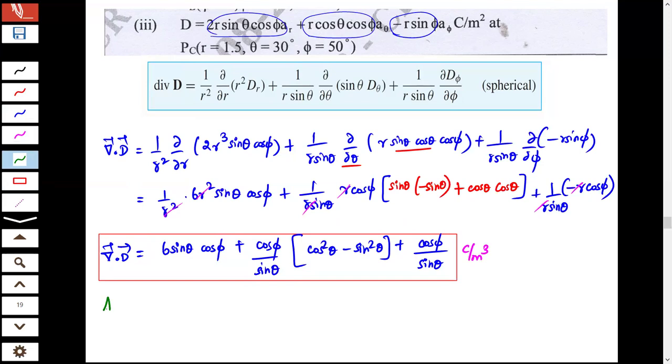Next, to find at point PC, where r is 1.5, theta is 30 degree, and phi is 50 degree, we will use calculator and make the substitutions to get del dot D at this point.